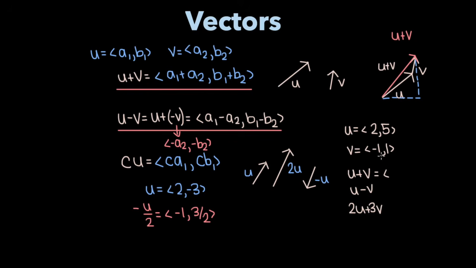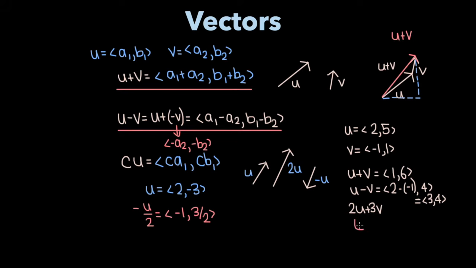So that's 2 plus negative 1, which is 1, comma, 5 plus 1, which is 6. For u minus v, we're going to subtract the components of v from the components of u. So that is 2 minus negative 1, comma 5 minus 1, which is 4. And so u minus v is 2 plus 1, which is 3, comma 4.